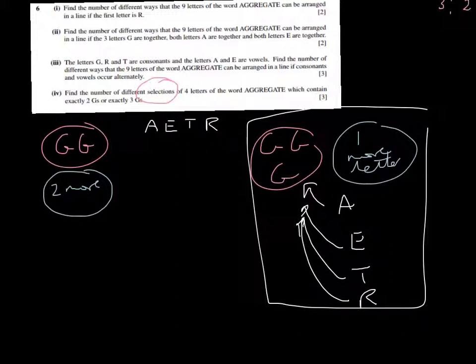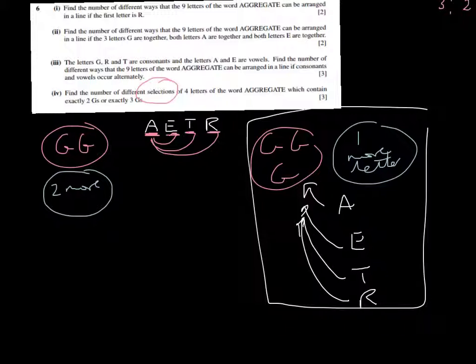So I want to show you a method that I learned. It's actually from music, and I can't remember how I learned it in my degree somehow. But anyway, we're going to start with the first letter here, and we're going to start making pairs. And the first pair that we can do is with itself. So an A can go with an A, an A can go with an E, an A can go with a T, and an A can go with an R. So you've got 4 combinations there.